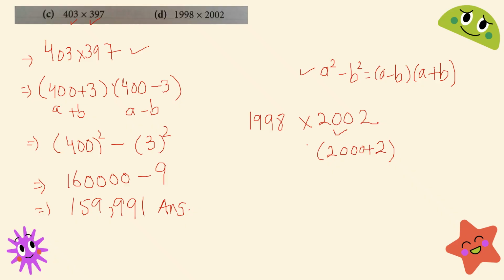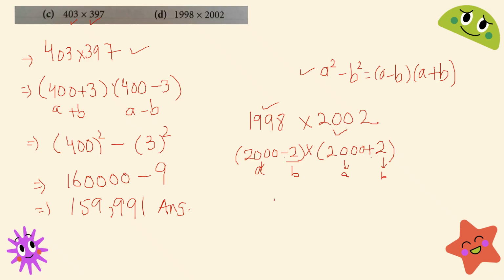And if I look at the number in the start, it will be 2000 minus 2, because 2000 minus 2 gives you 1998. Now you will see that the first term, that is a, is the same in both cases, and the second term, that is b, is the same in both cases, and they have opposite signs, that is minus in the first case, plus in the second case.